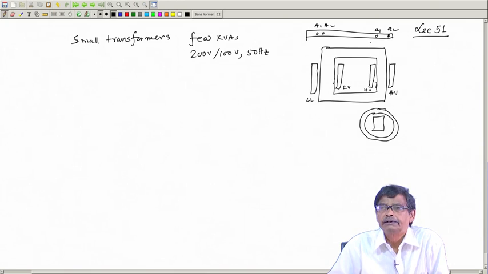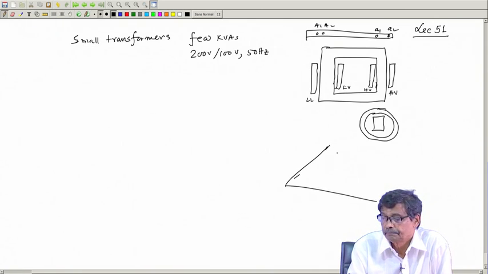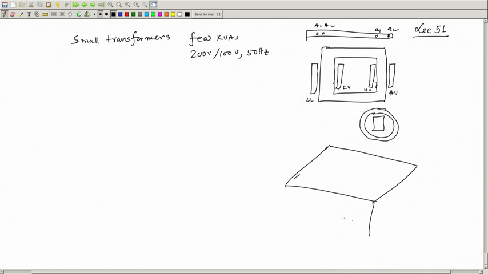But if you see a big transformer, you will see nothing visible except a big steel tank, and on top of the tank there will be bushings through which terminals will come out.